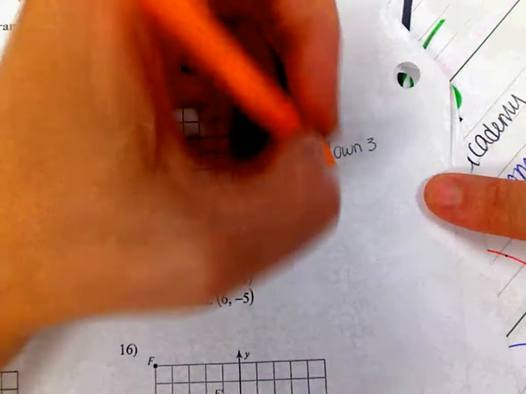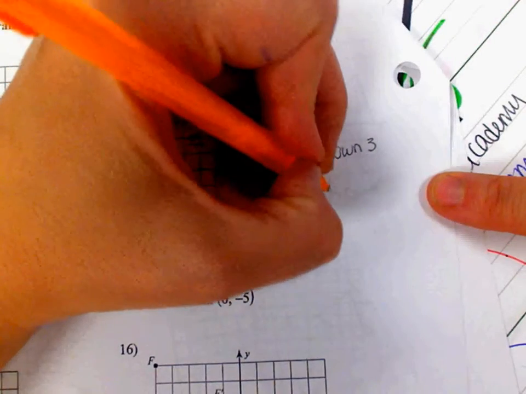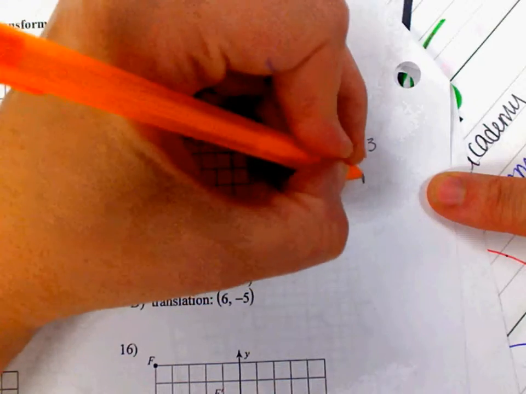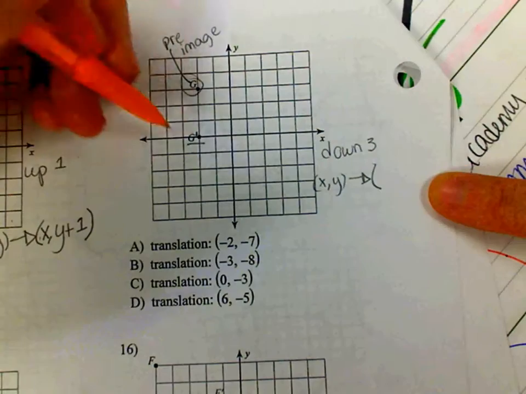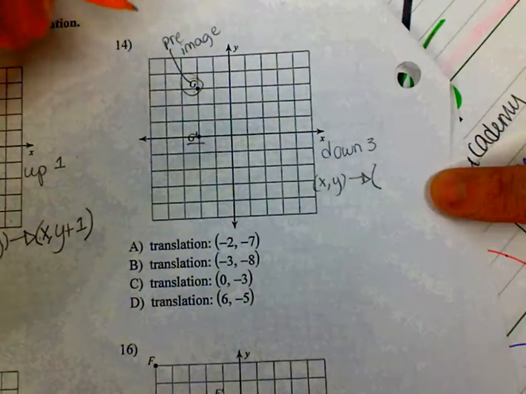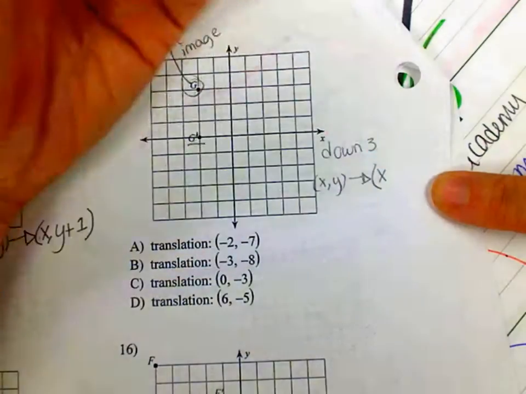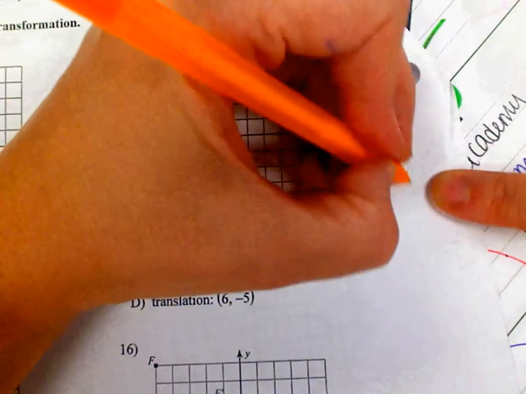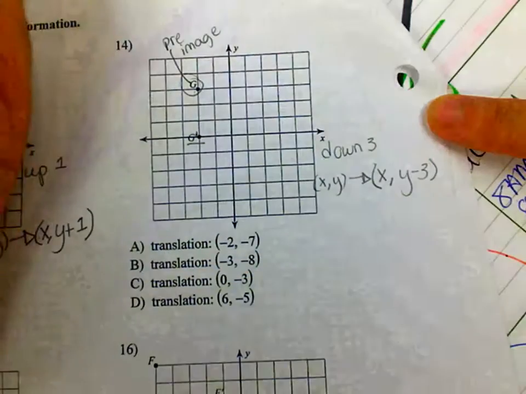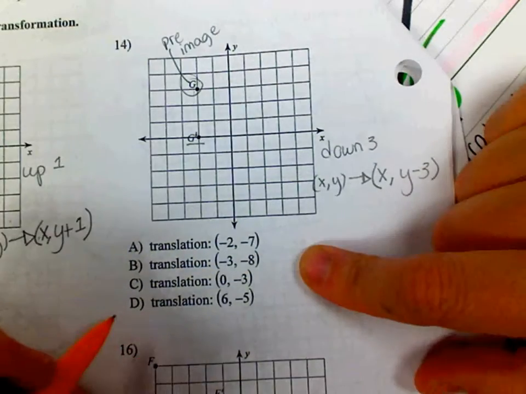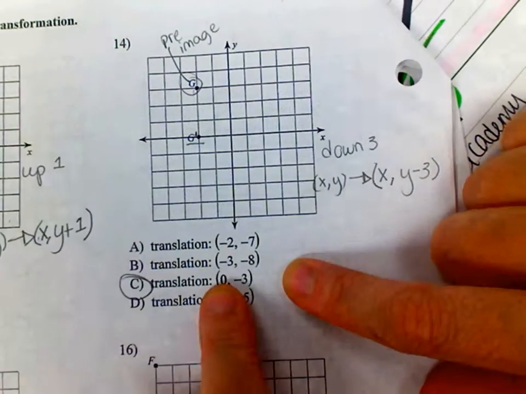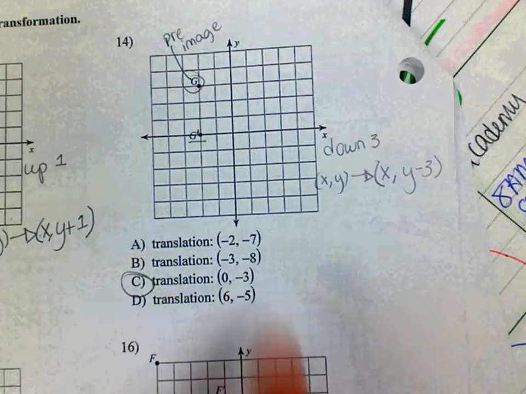So that can be written x comma y arrow. It didn't move left or right. It was only a vertical movement. So x plus 0 and then y minus 3. That matches up with C. X is 0, y minus 3, negative 3.